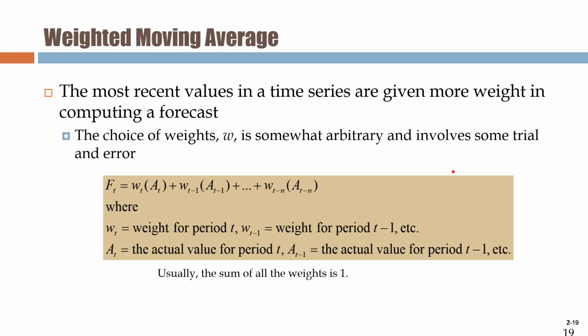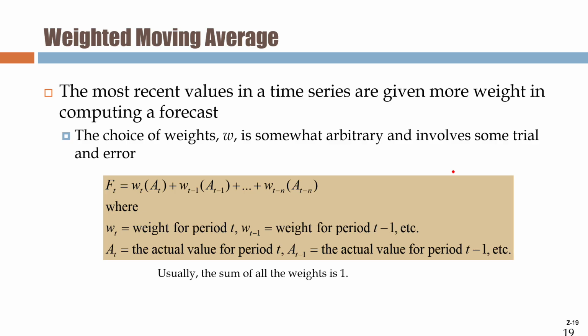Weighted moving average. Why do we just calculate the simple average, which treats the previous day's data and the data from 30 days ago the same? In the stock market, our data is the everyday stock price.